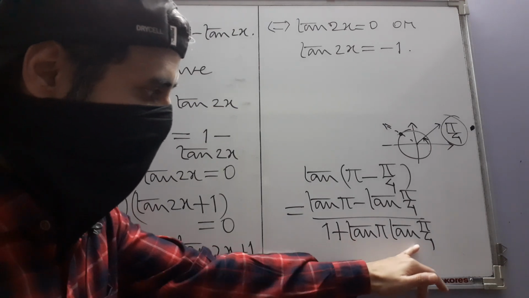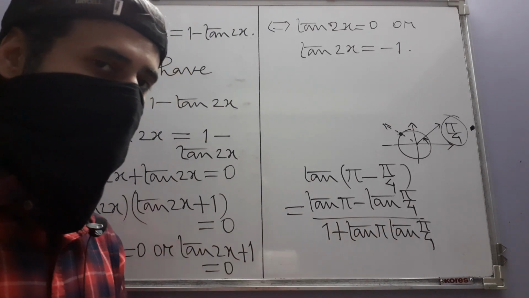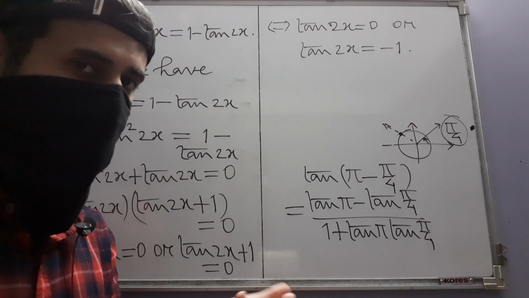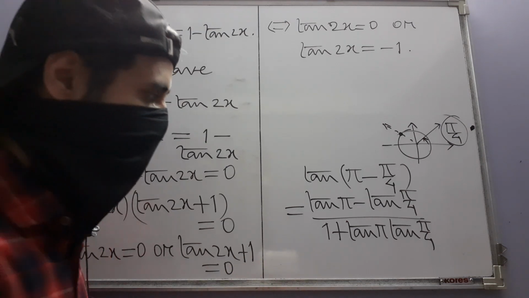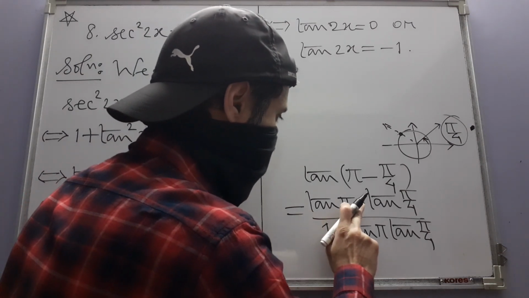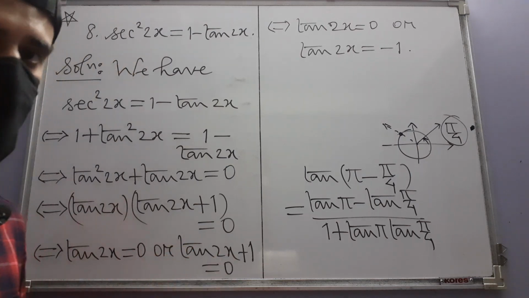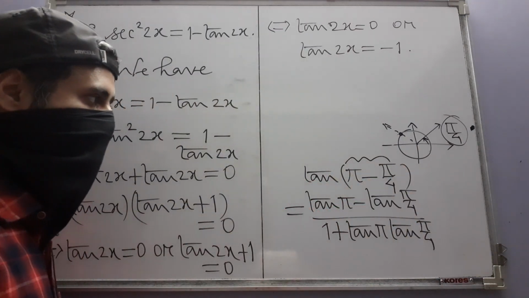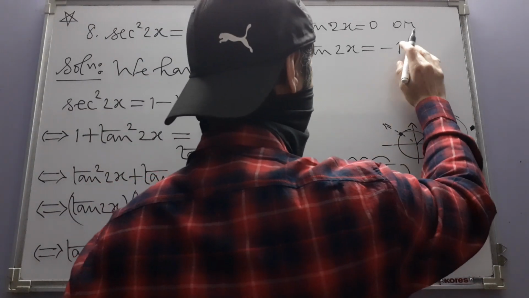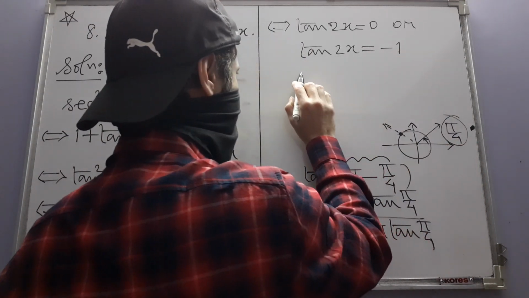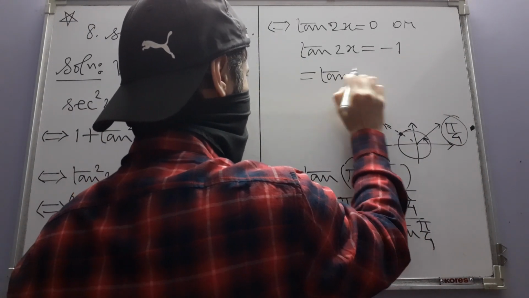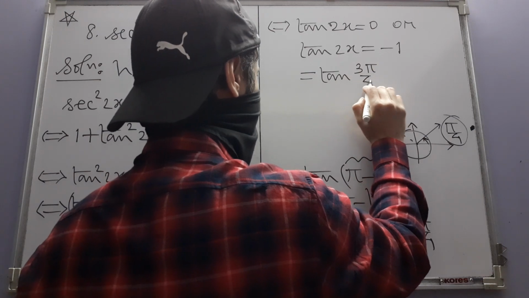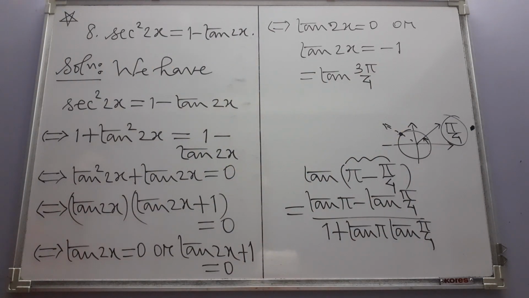So this term vanishes, that means the denominator is 1, which is also as good as having nothing there. Tan pi is 0, so minus tan pi over 4, yes, that is minus 1. So this is one of the angles that we can consider. And if you simplify this, it becomes 3 pi over 4, right?